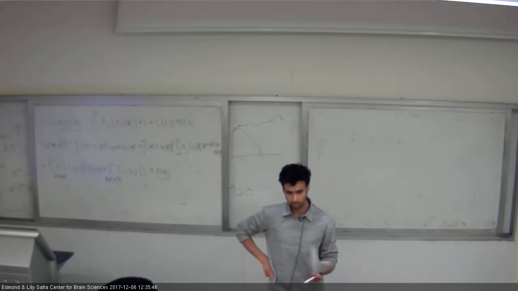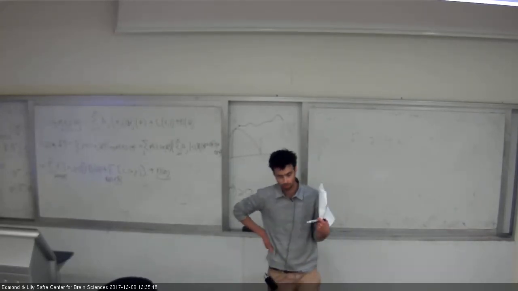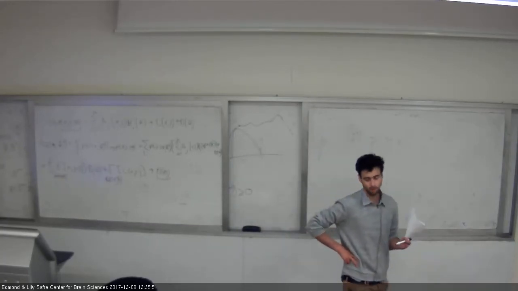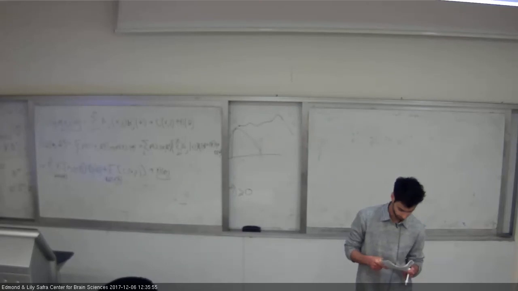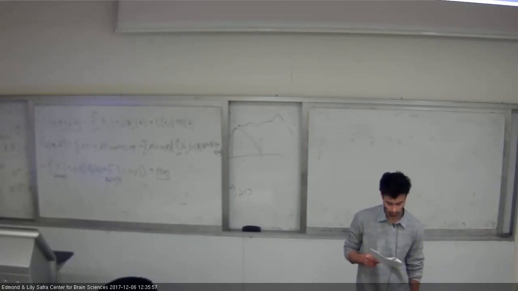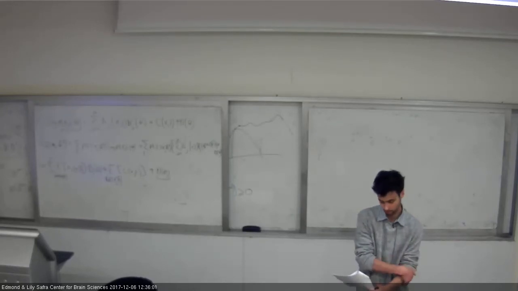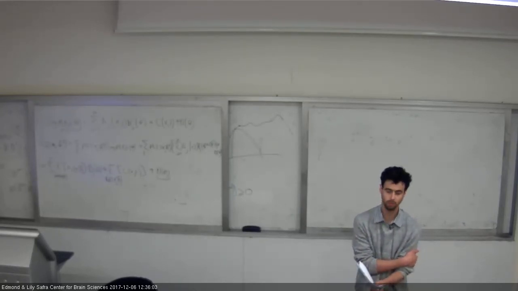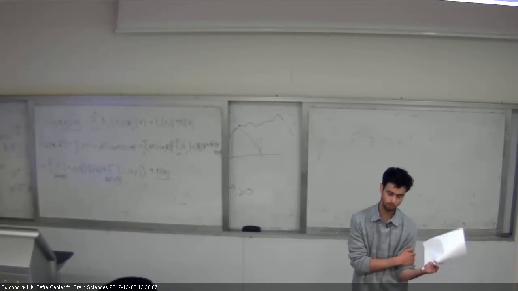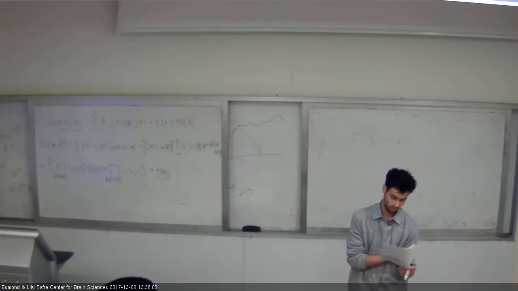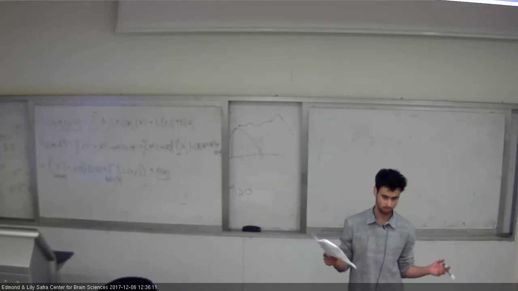Okay, so till now we saw what Q is in the case where we have only one X, only one observation. But now let's assume that I have IID multiple observations.